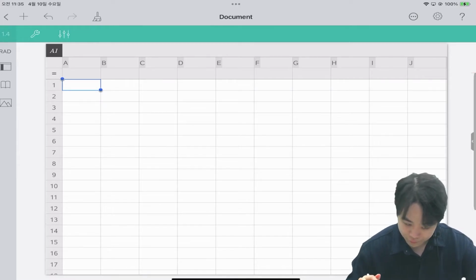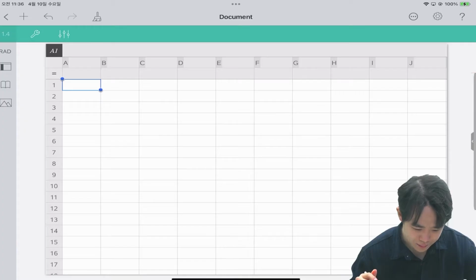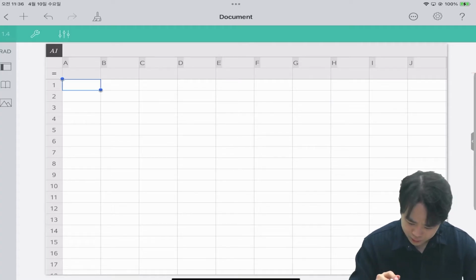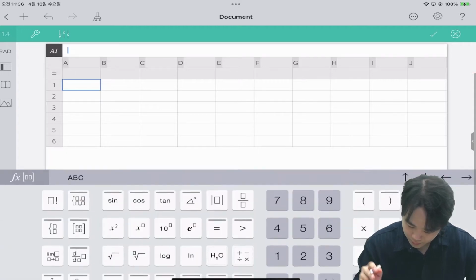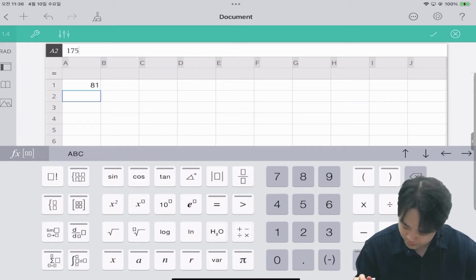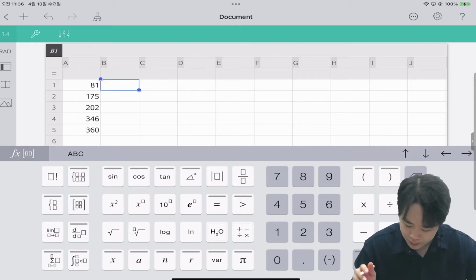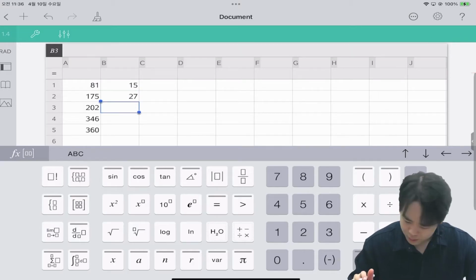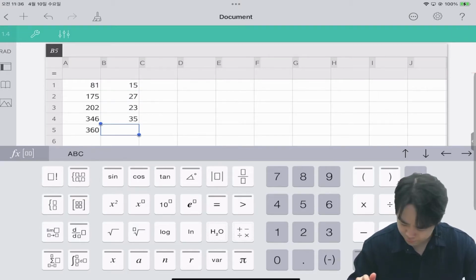The number of children is 81 on the first case, 175, 202, 346, 360. And then the number of ice creams sold on each day is 15, 27, 23, 35, 46.